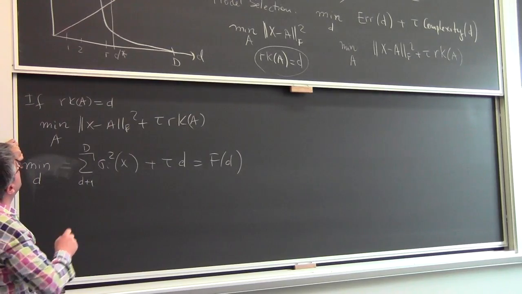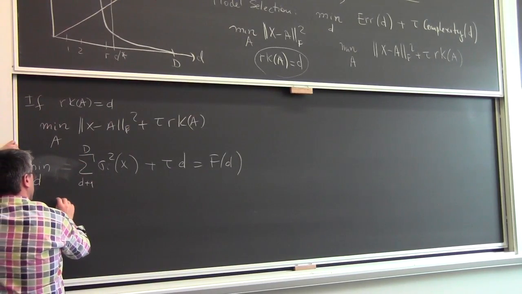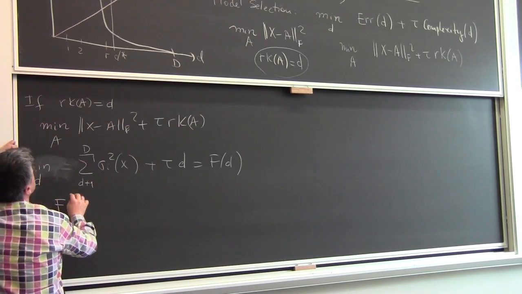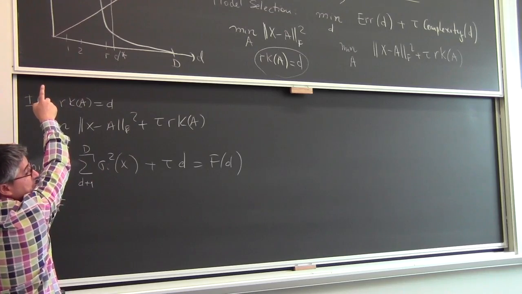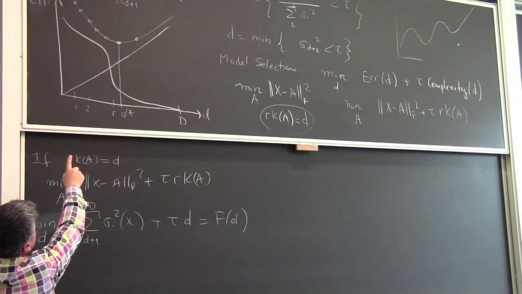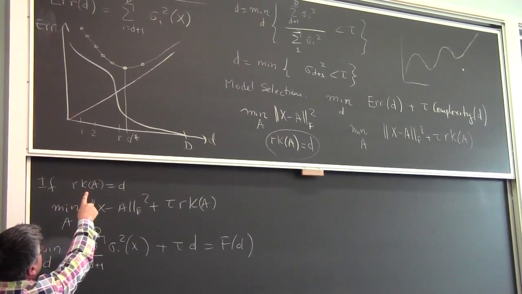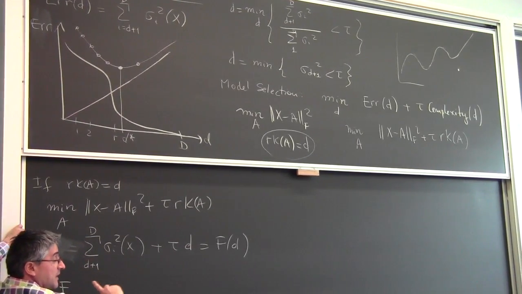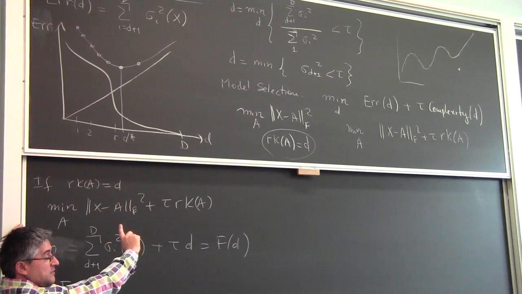Well, what I would like, right, is for the following thing to happen. The optimum has to satisfy, again, look at that picture, right? When do I get to the optimum? I get to the optimum when, if I increase the rank by 1, the error starts to go up, right? You see that from the picture?